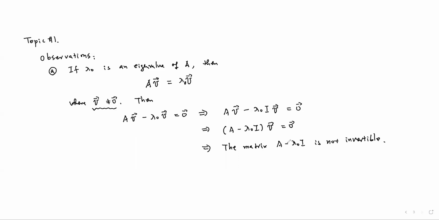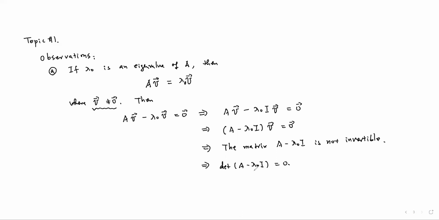So this matrix must be not invertible. Therefore, the determinant of this matrix is 0. So this observation says that if a scalar is an eigenvalue, then this determinant is 0.